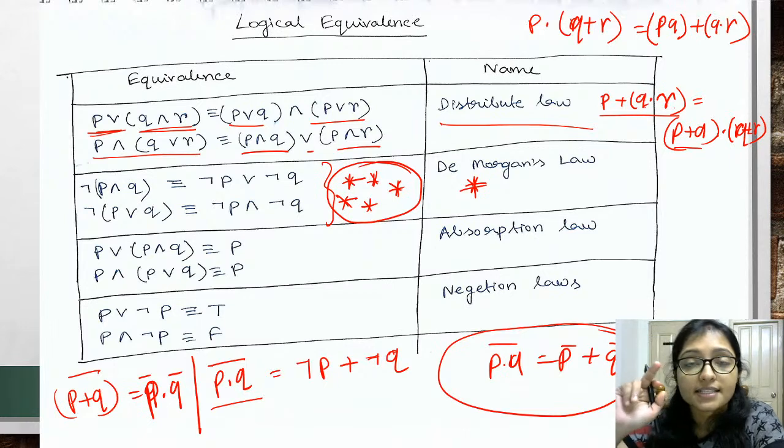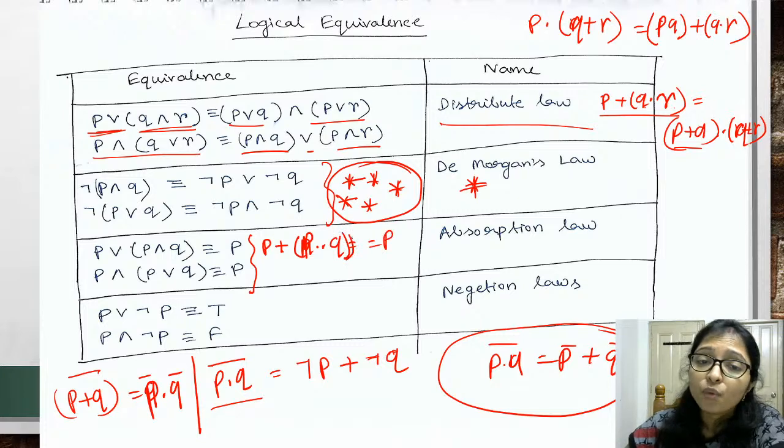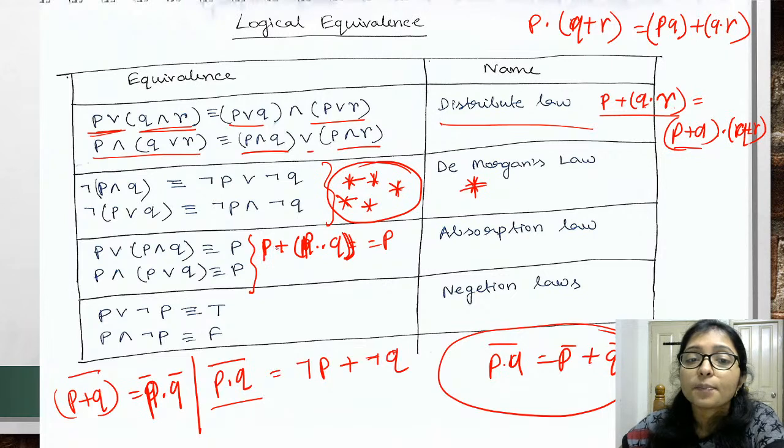Okay, please remember this. And absorption law. What is absorption law? If you see what it is doing here, P plus Q, P dot Q equals to, it is telling what? P. Why? Try to learn that P plus P dot Q is coming here.